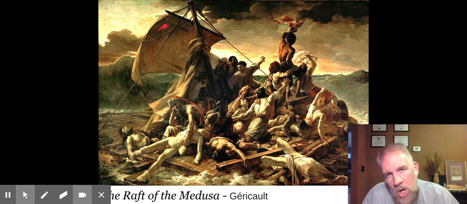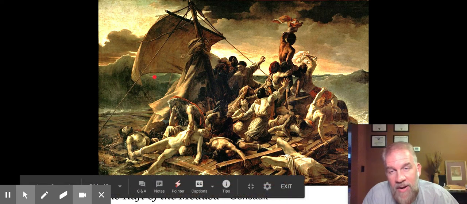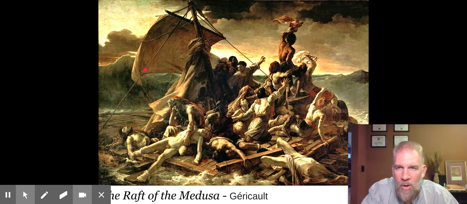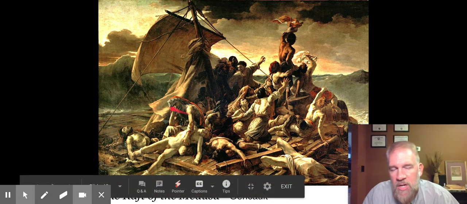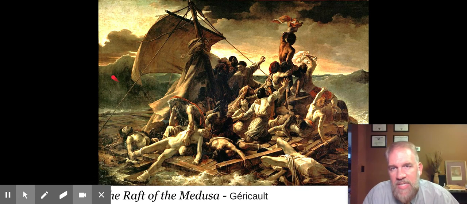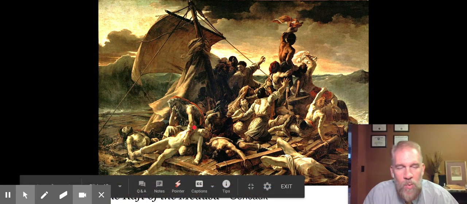Then you've got this pyramid shape of these lines that are happening here, and you get this big curved line that happens here, and this curve of the sail balances or mirrors this curve of the wave. And so even though all of the energy of the human beings pushes this way, the energy of nature and the sea and the wind pushes this way.